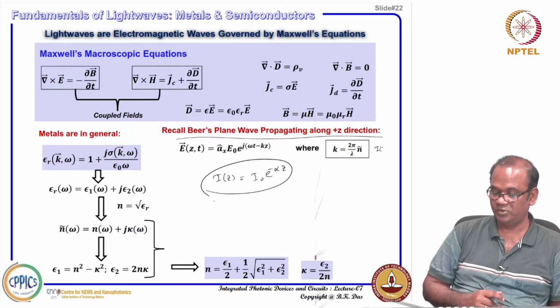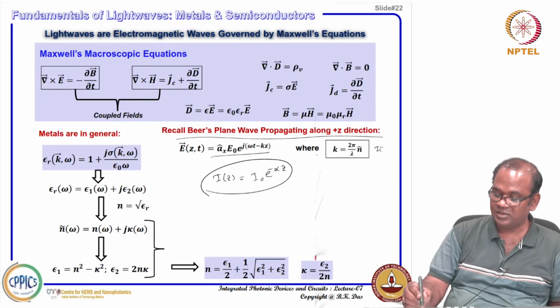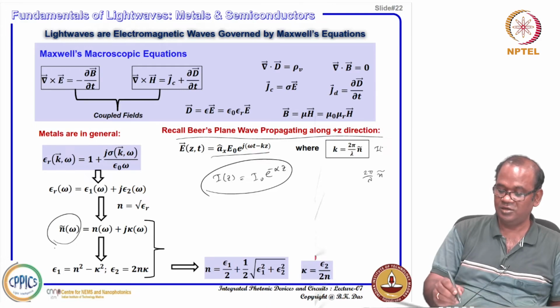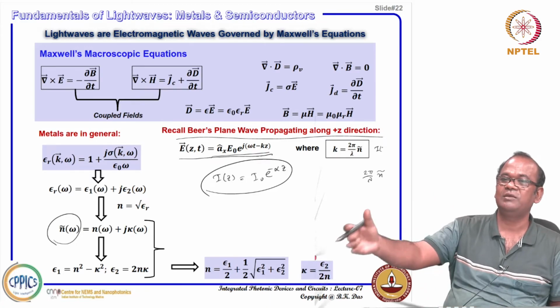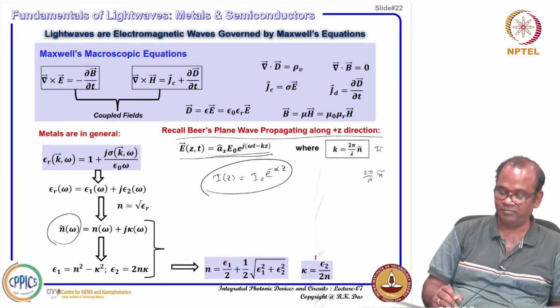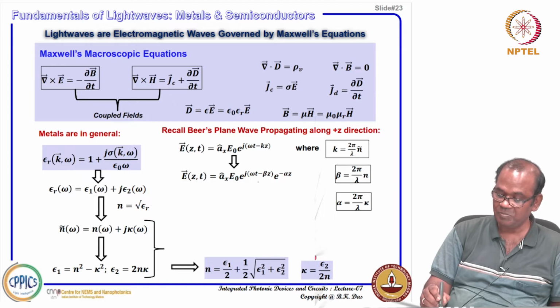So, this is a plane wave, and this k, instead of normally 2 pi by lambda, I have to write n tilde because you have a complex refractive index. Plane wave, when it is propagating inside the metal or semiconductor, I have to write 2 pi by lambda n tilde.